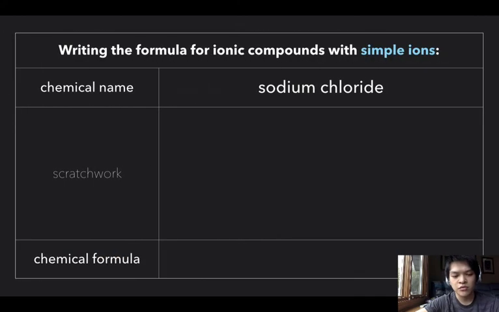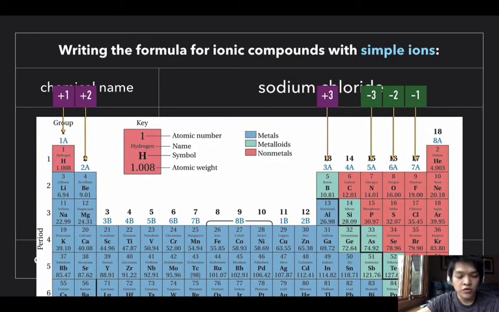Let's look at one last example. In our last example, no, this is the second to last example. In our second to last example, we have sodium chloride. What's the charge of sodium? What's the charge of chloride? So let's take a look at the periodic table. We have sodium right here, and we have chloride right here. Okay, sodium is a +1, chloride is a -1. Remember that.